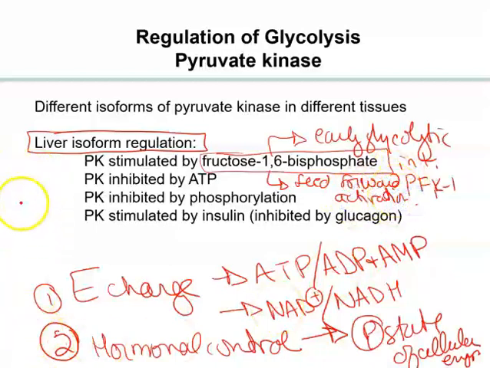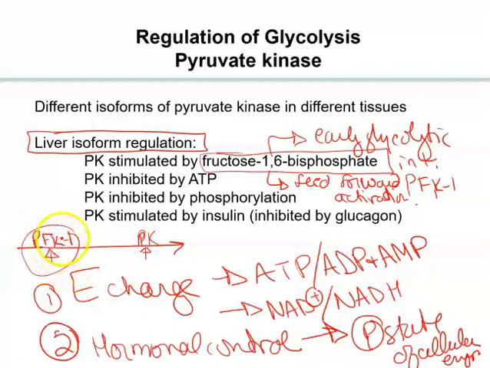So think about the glycolytic pathway like an assembly line. Phosphofructokinase is very early in glycolysis, and pyruvate kinase is the last enzyme. Think about these as workers on an assembly line. PFK1 has been very, very active and has made a ton, right?